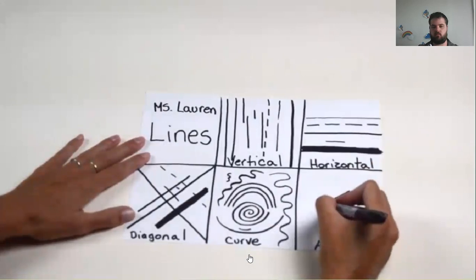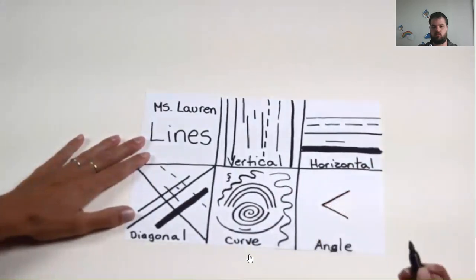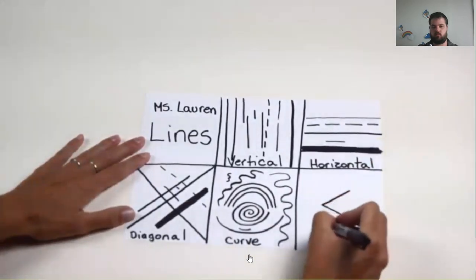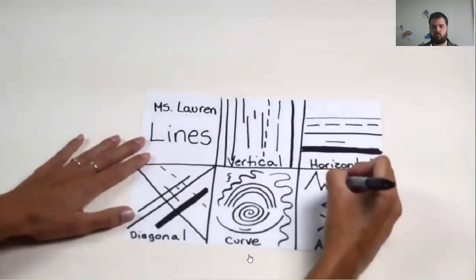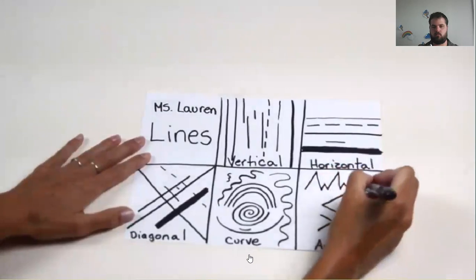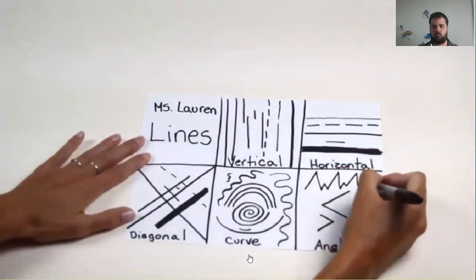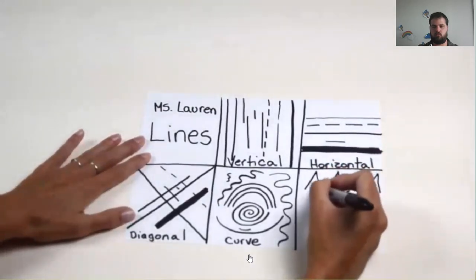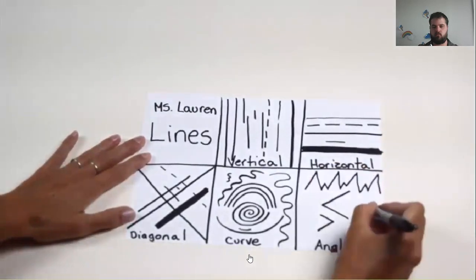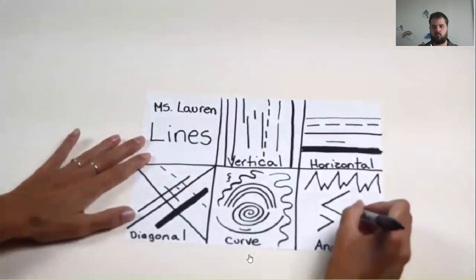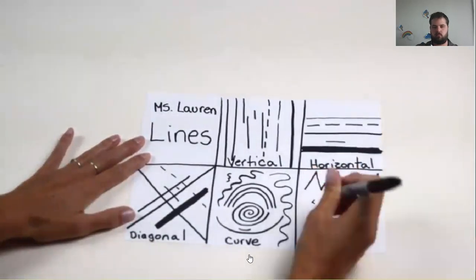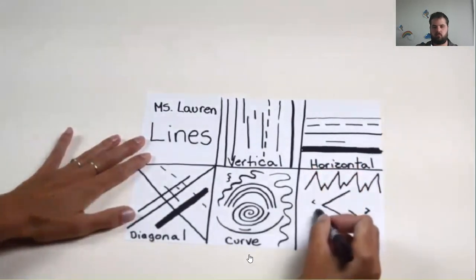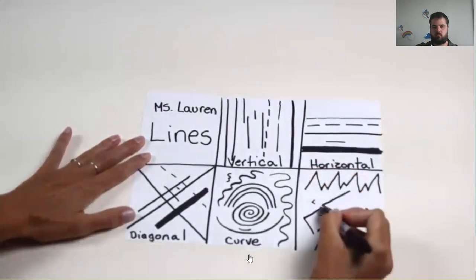So here would be an angle, like a greater than or less than symbol, right? Or it looks like a heartbeat almost, or a mountain range. These are all angles. They're pointed, open triangles, right? And again, they can be small or large. They can be thin, or they can be bold and thick.